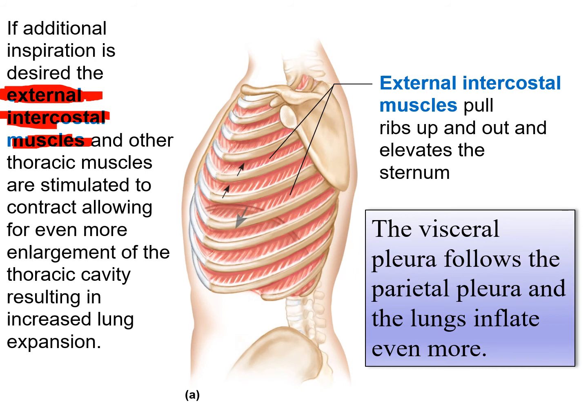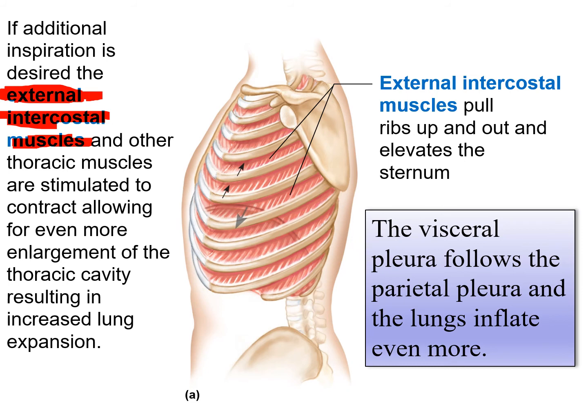And so when those contract, as it indicates, the ribs are pulled up and out, you're expanding your chest cavity, your thoracic cavity, and keep in mind that even though we have the serous fluid keeping a friction-free environment between those visceral and parietal membranes, those membranes are still in contact with one another.